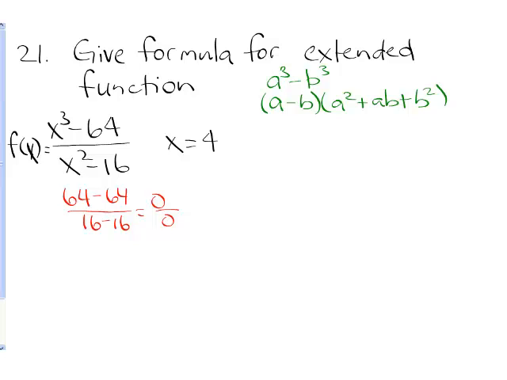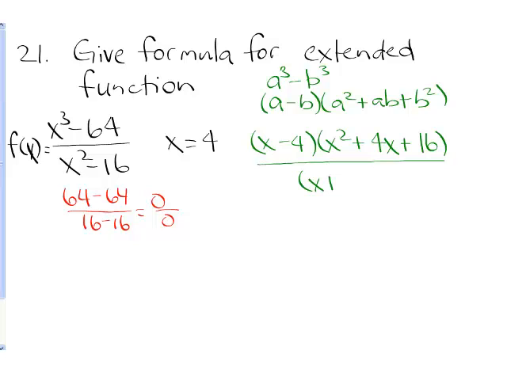My 64 is not a 64, it's what? What times what is 64? 4. So my top factors to x minus 4 times x squared plus 4x plus 16. The bottom factors to x squared minus 16, so that's going to be x plus 4, x minus 4. And look what goes away.